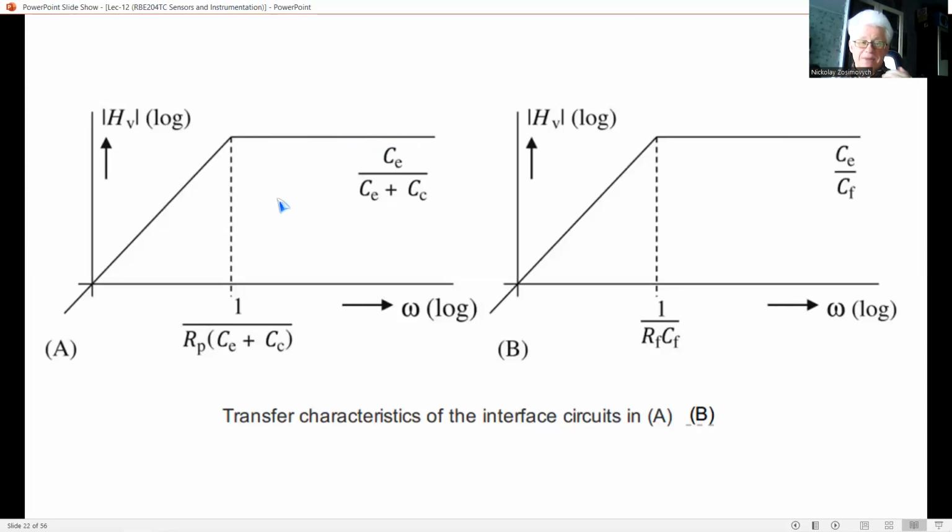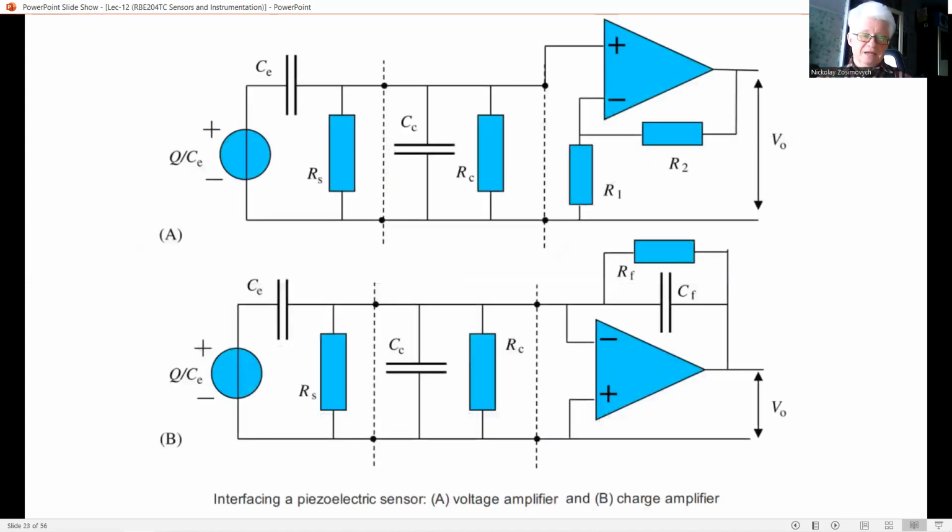The cable capacitance CC causes signal attenuation, and hence the total signal transfer depends on the length of the cable. This requires recalibration each time the connection cable is replaced. The interface circuit in figure B, on the bottom part of this slide, is better in this respect.